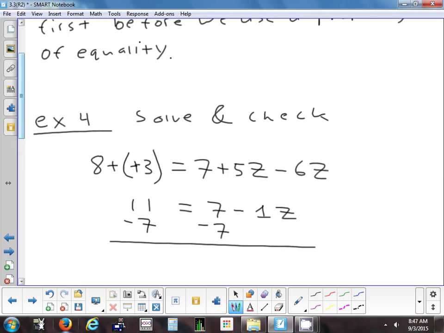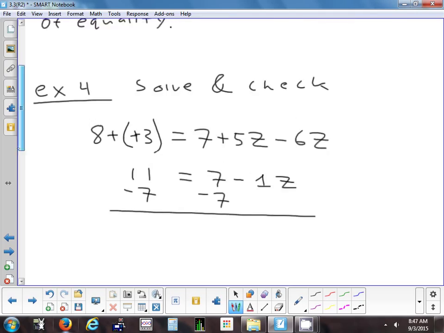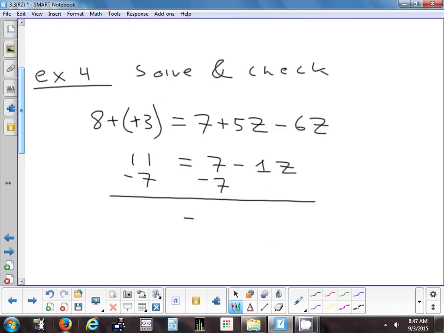On the left-hand side, you have 11 minus 7. Yep, which is 4. Good job. Okay, 11 minus 7 gives me 4. 7 take away 7, that's gone. And on the right-hand side, Gabe, what do I have now?